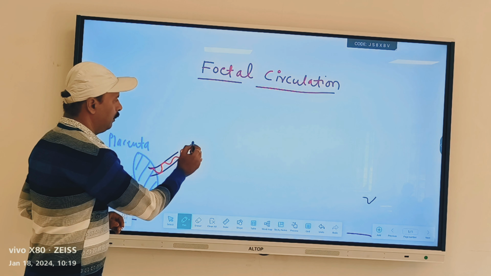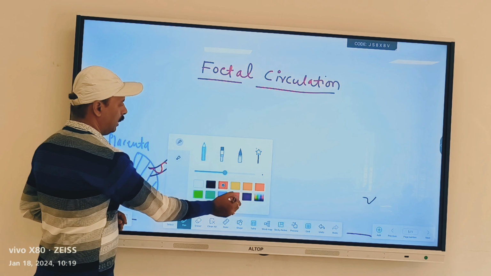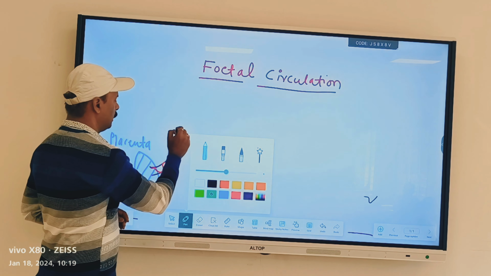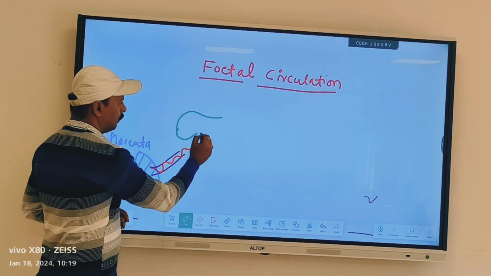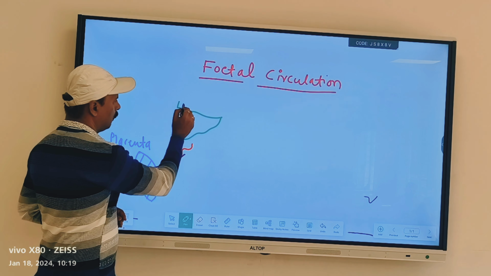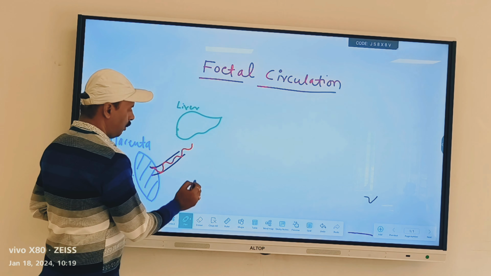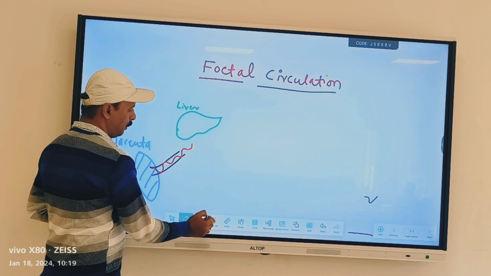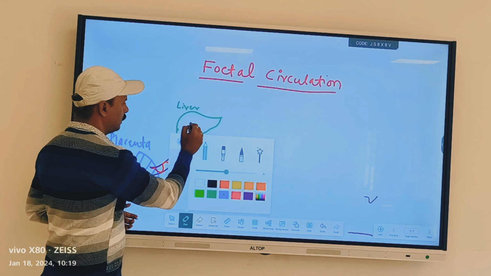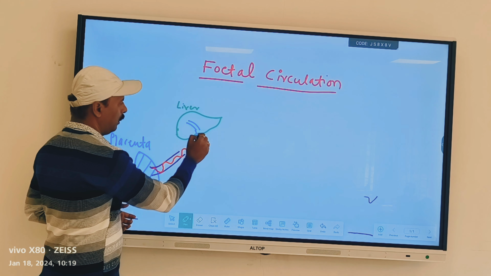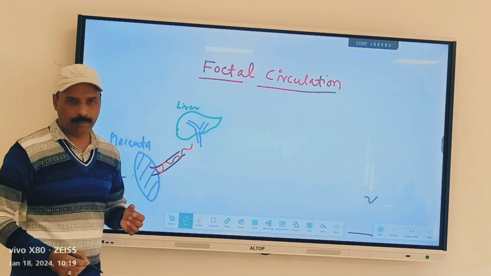Then this umbilical vein reaches an organ, which is the liver. In this liver we have the portal system, the portal vein.